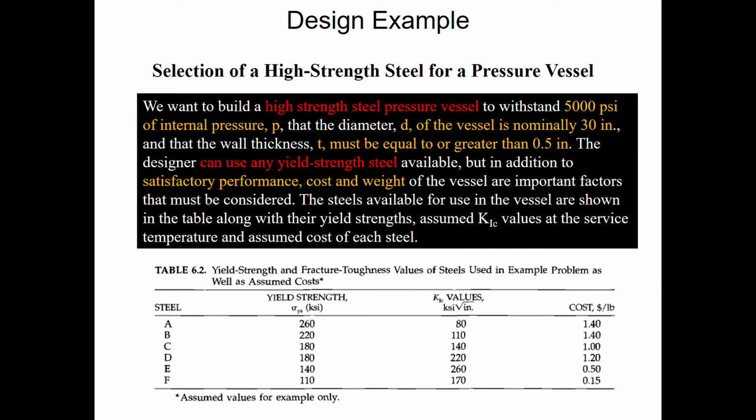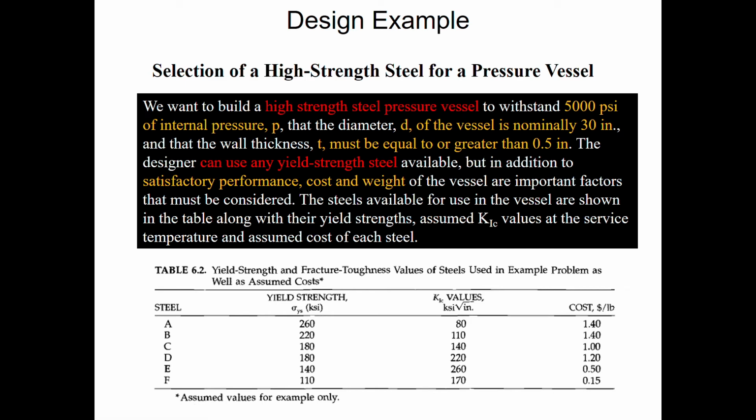The question: we want to build a high strength steel pressure vessel to withstand 5,000 psi of internal pressure P. The internal pressure is indicated by the P symbol, the diameter D of the vessel is nominally 30 inches, and the wall thickness T must be equal to or greater than 0.5 inches.